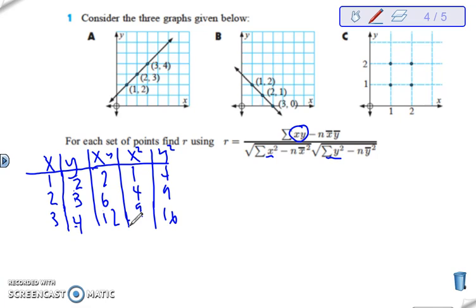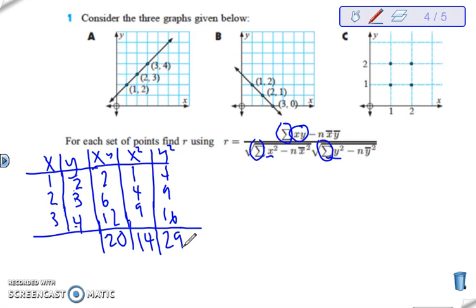And then notice we need totals for all 3 of those. So the sum of X and Y is 20. The sum of X squared is 14. And then the sum of Y squared is 29.